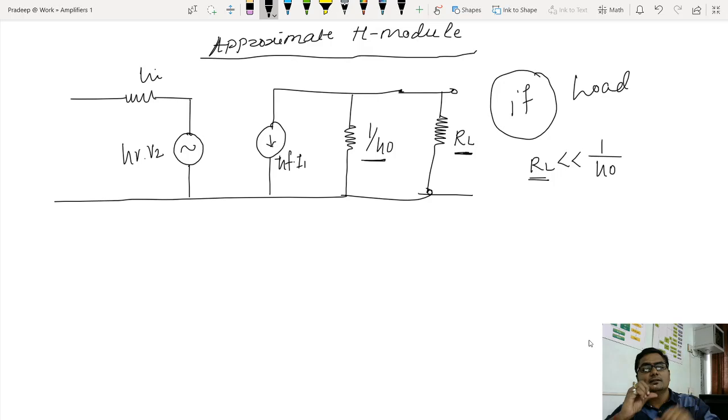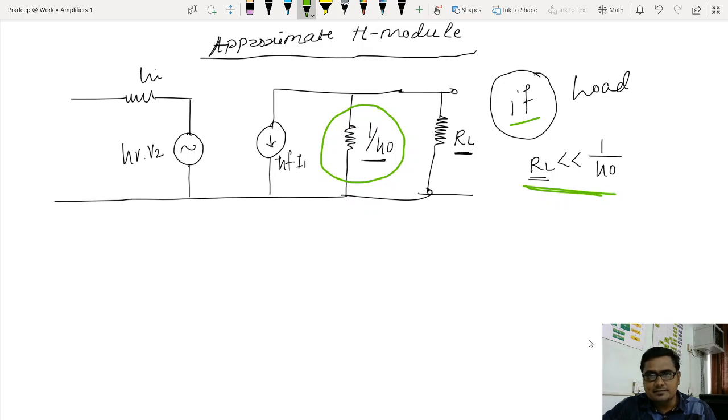Equivalent resistance will be approximately the small value of resistance. So it means 1 divided by HO and RL are in parallel, and when the RL value is very small, then this 1 divided by HO value has to be neglected. Why? Because their parallel combination will come out as RL only. Why RL? Because RL is very small. Look at this.